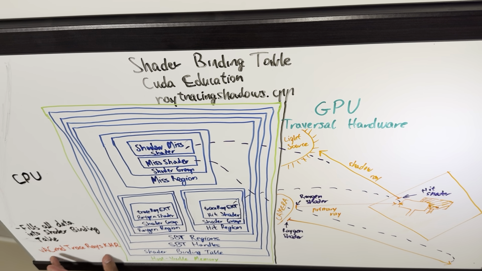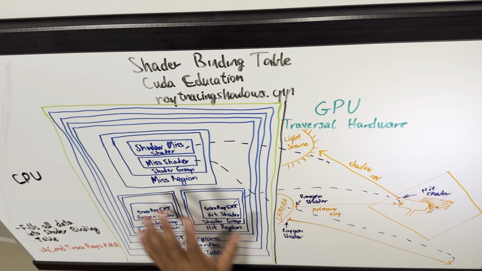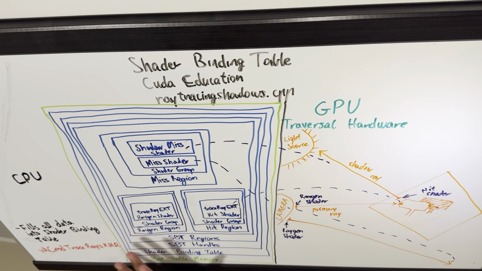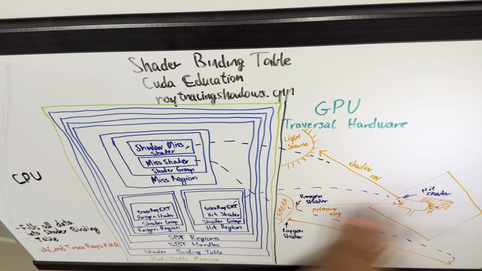Vulkan deals with firing off all of this with vkCmdTraceRaysKHR. But when it comes to actually dealing with the application, it's this trace ray EXT that micromanages everything, generating the rays and all that. If I erase this function call in raytracingshadows.cpp, nothing happens.